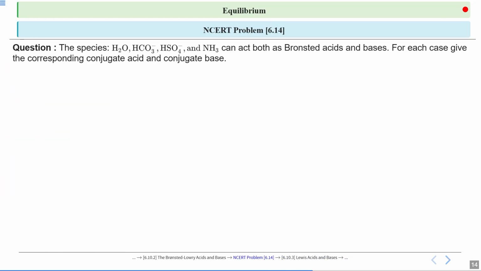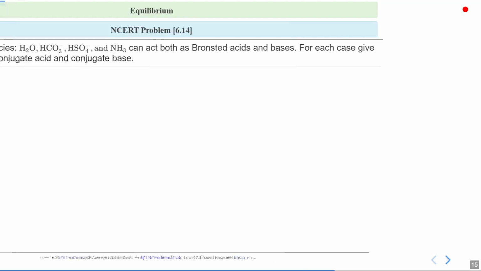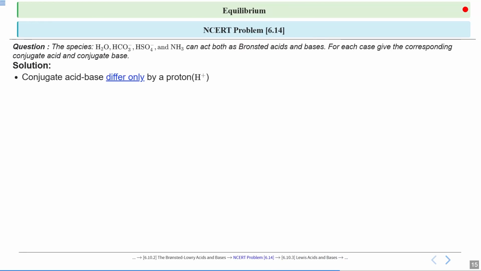Here's a question for you. We have some species given here. You have to see that for each species, what is the conjugate acid and what is the conjugate base. So let's see how we can solve it. First, you know that conjugate acid and base differ only by one proton.